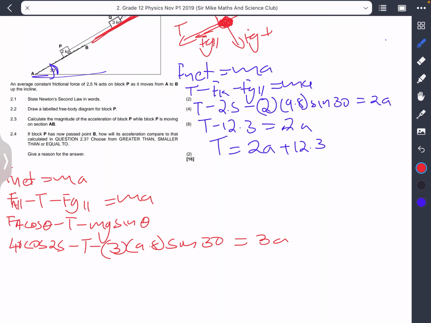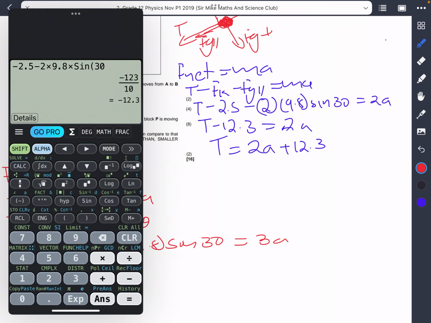So I have 40 multiplied by cos of 25 degrees, minus 3 multiplied by 9.8 multiplied by sine of 30 degrees.